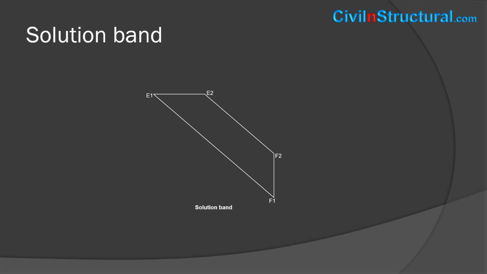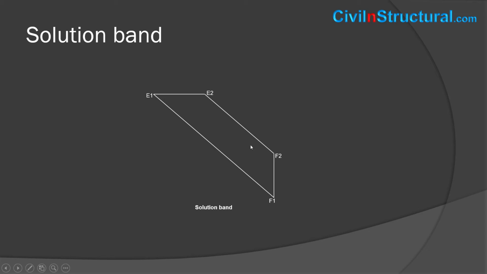This set of locations, from what we have seen in the previous slide, forms a solution band as shown here. We call it a solution band. Our required neutral axis lies in this region, bounded by the three sets of values of A and C.